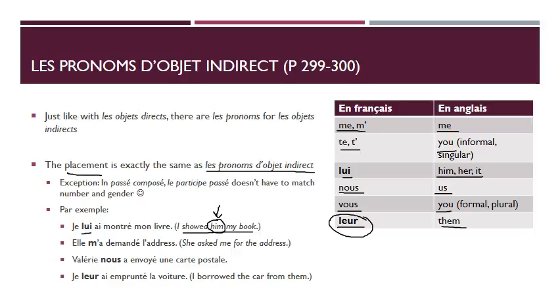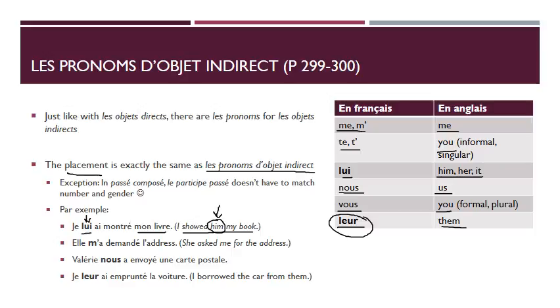So, je lui ai montré mon livre. I showed him my book. Notice that my book is still the direct object, and lui is actually our indirect object. There you go. Pretty crazy stuff, right?